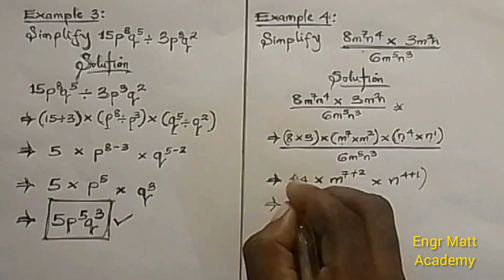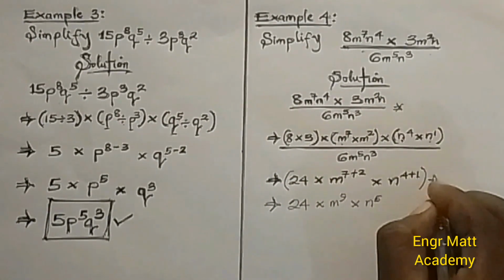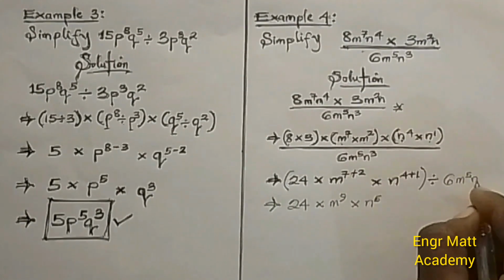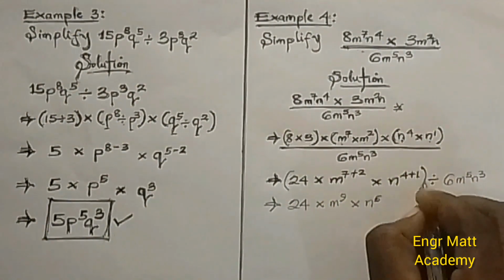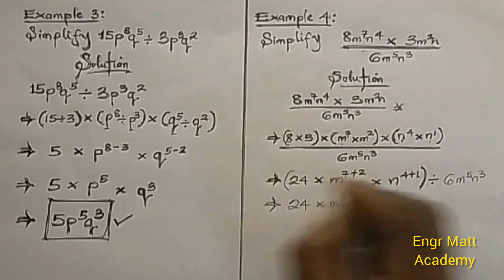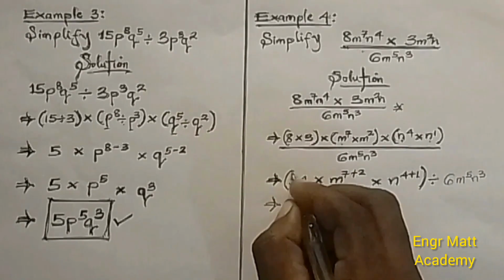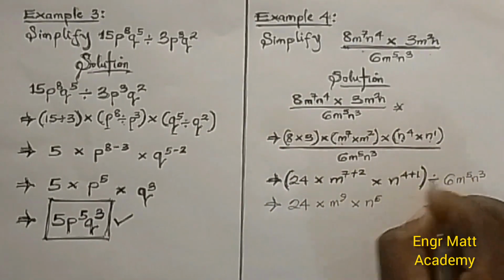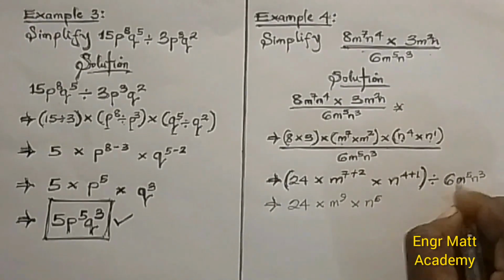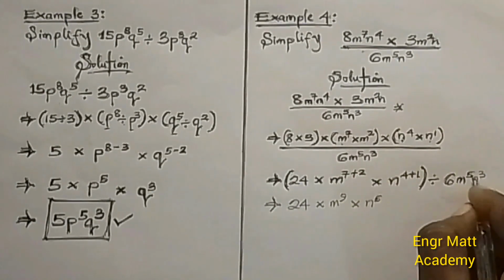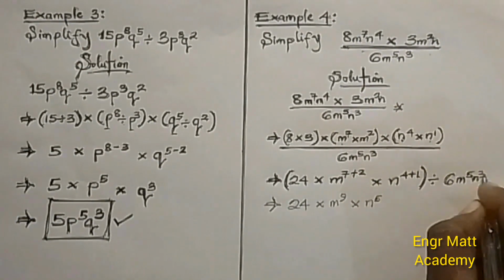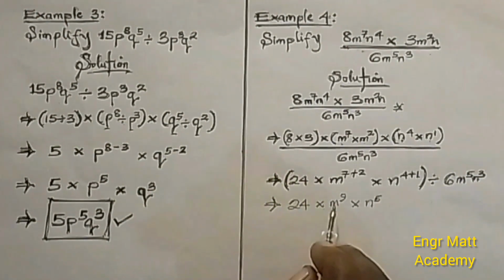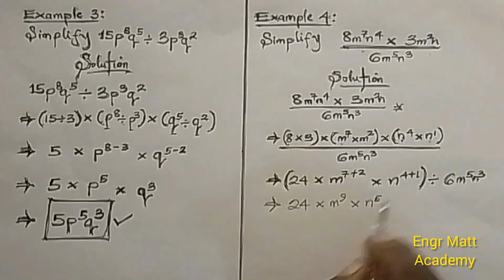We put all this in a bracket and divide by 6m raised to power 5 n to the power 3. Maths is sweet, but don't forget that something is dividing. Don't let maths overwhelm you, or you can make this kind of mistake that I don't make. Alright, 24 times m raised to power 9 times n raised to power 5.